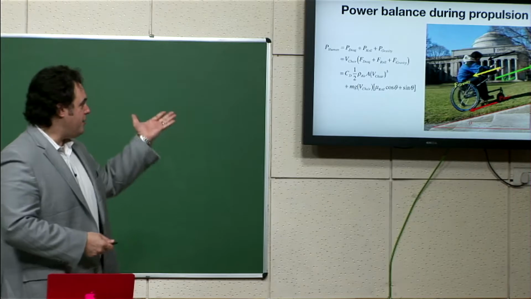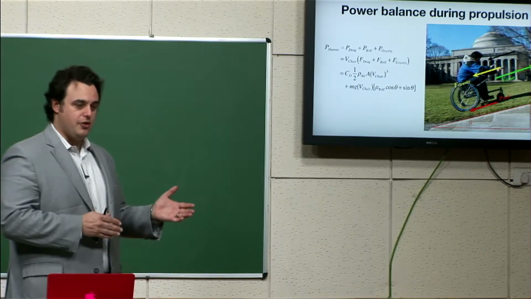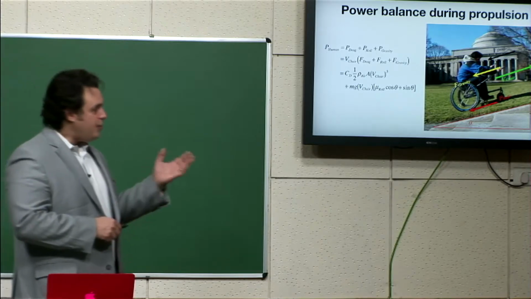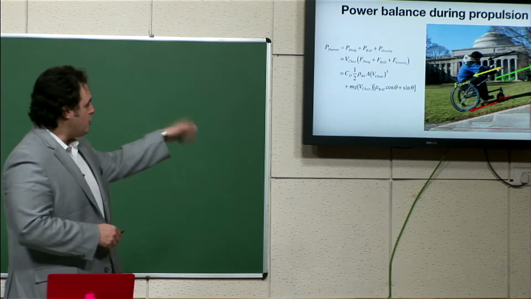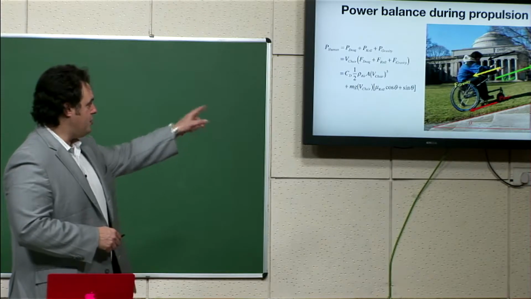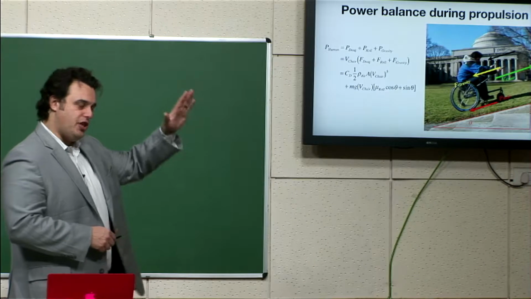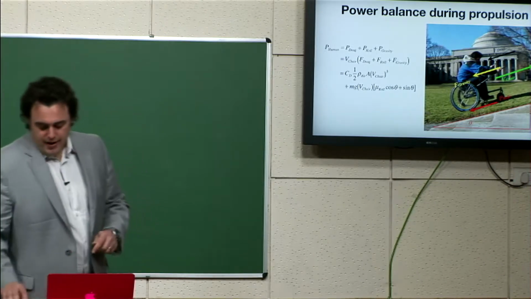So you can write that as a very simple expression of the velocity of the wheelchair times the forces of drag, rolling resistance, and gravity. And then you can write an expression for air drag as well as the rolling resistance, which depends on the coefficient of rolling resistance, mu roll, and the potential energy change if you're going up an angle.